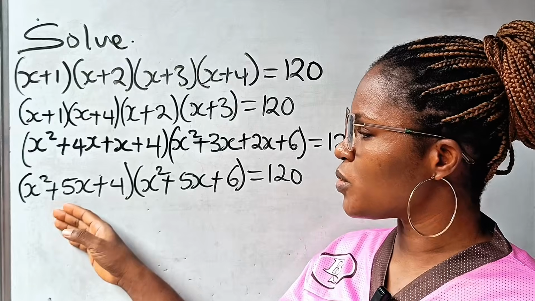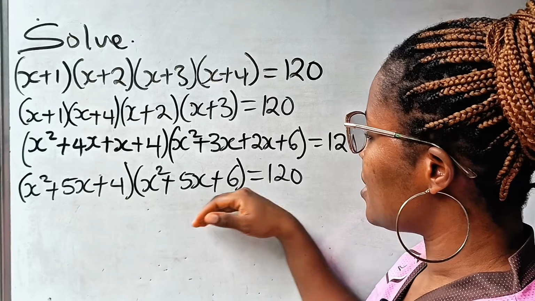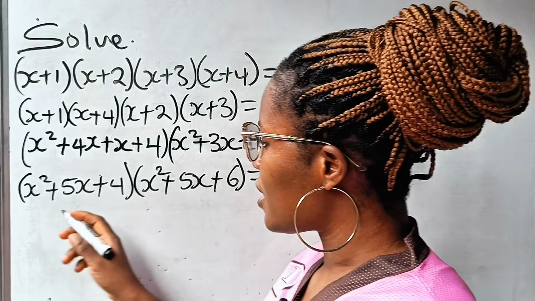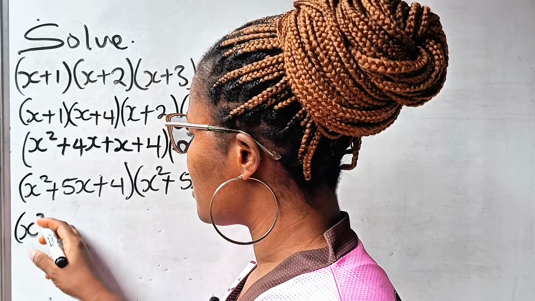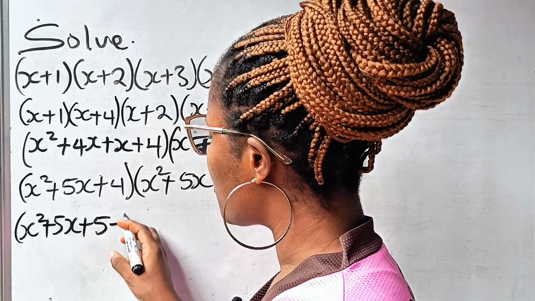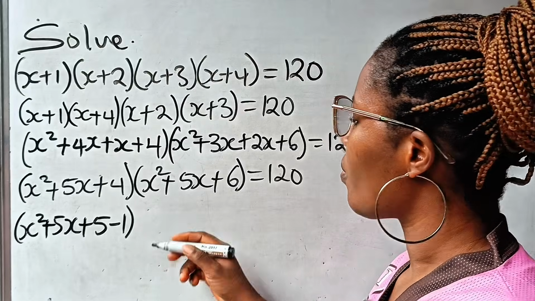Now this is what we have. So we find a way to make something the same here and then solve again. I can rearrange this as x squared plus 5x plus 5 minus 1, because 5 minus 1 will give me 4.